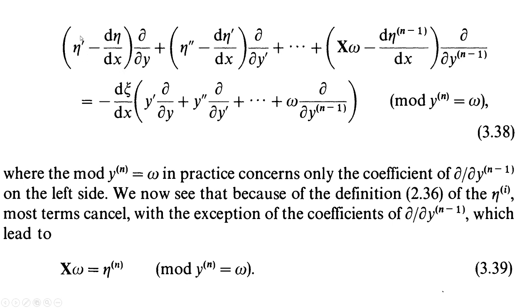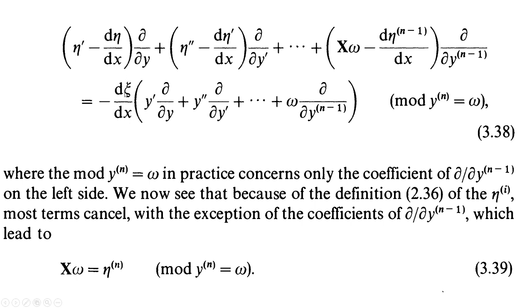Eta 1 minus, take a bracket here, d eta by dx, and this will become plus here. So taking minus common, it is again minus d xi by dx with y dash. So this minus this term gives me eta 1.